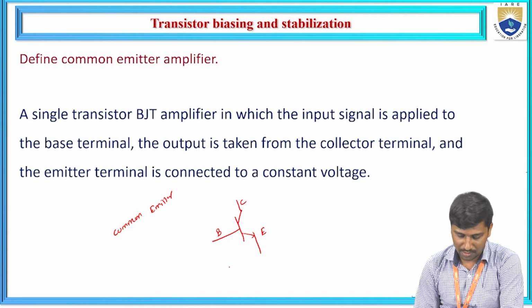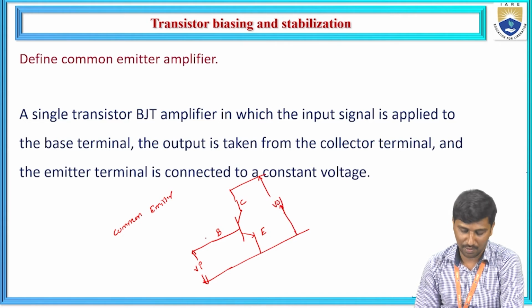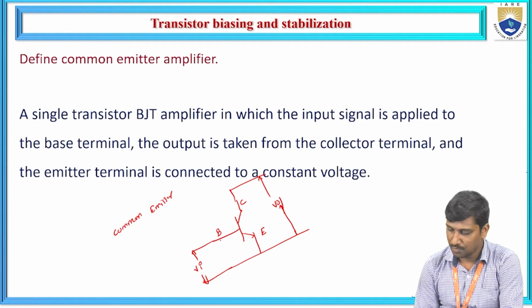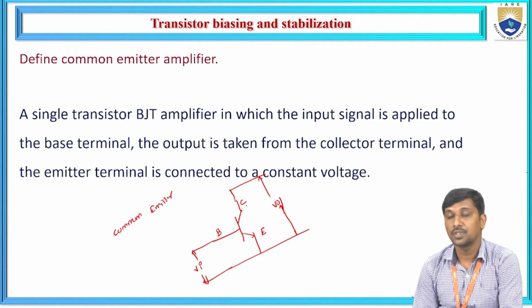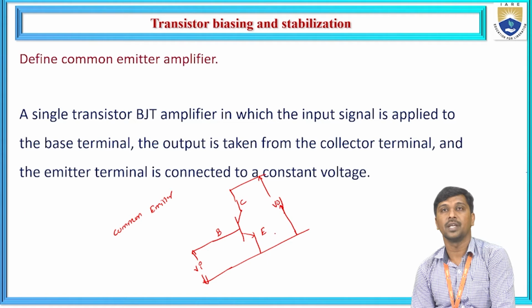Common emitter means the emitter is common for the input side and output side. We pass the input signal, and the output is measured between collector and emitter. Input is passing through base and emitter, and output is taken from the collector to emitter.